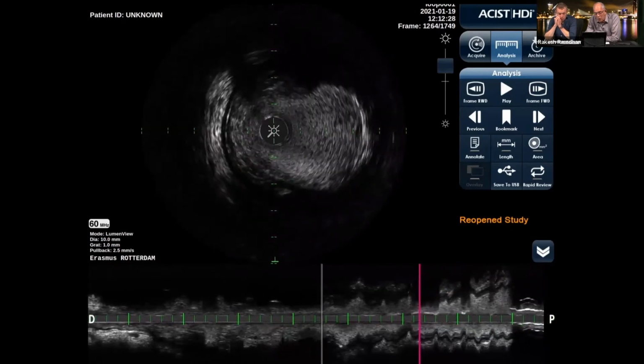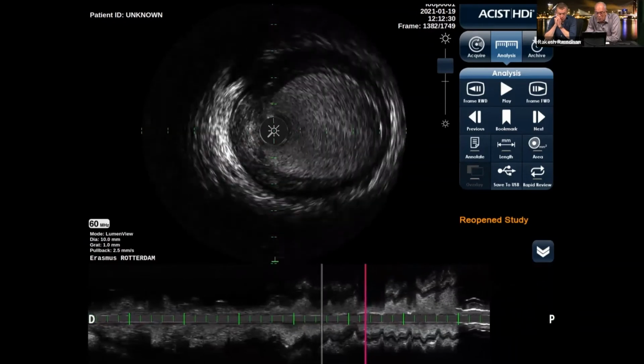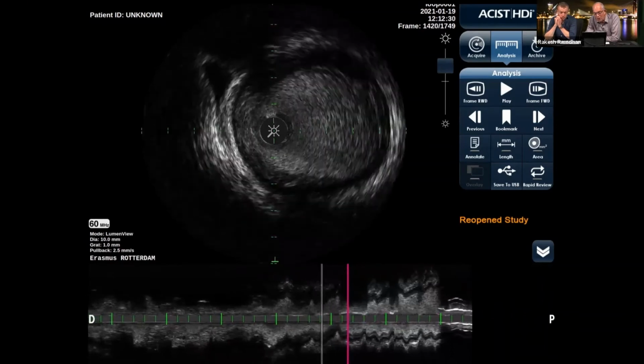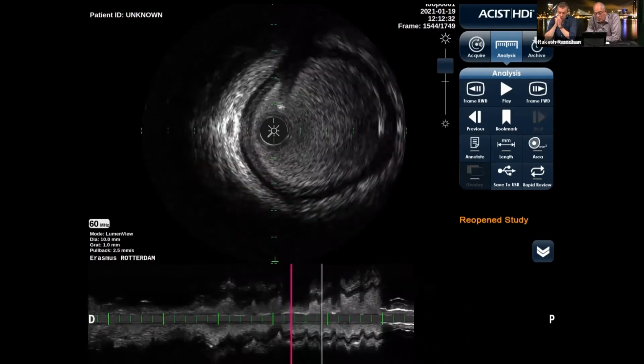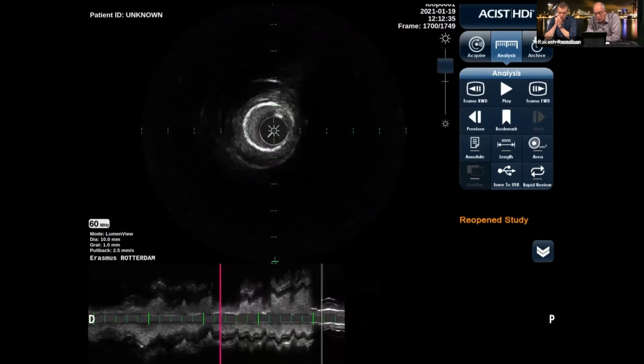If we go more proximal, then we have again a larger, darker lumen. It can also be a thicker media in here. I was looking for a plaque rupture. Here we still have a normal vessel.